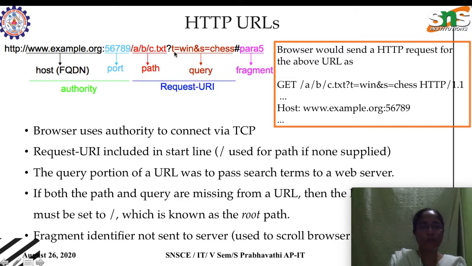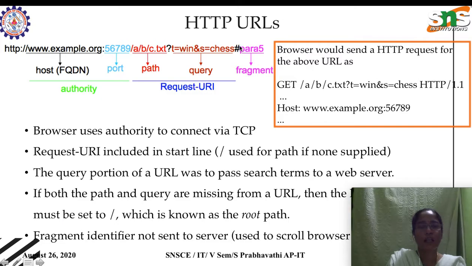This is followed by the request URI and the query. So what the user is requesting, this is the query string. Generally it will be a variable equal to a value, and if there is one more variable, that variable equal to its value. This is the query string where the user is requesting from the server.